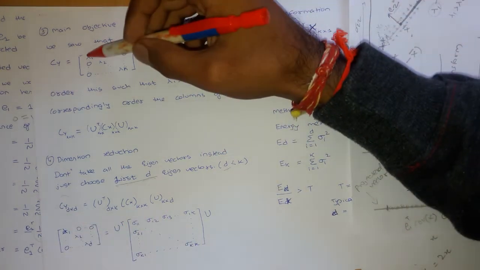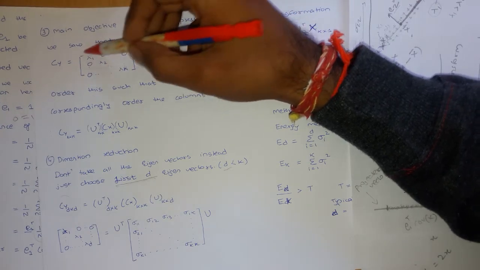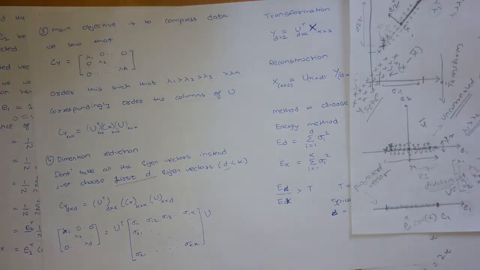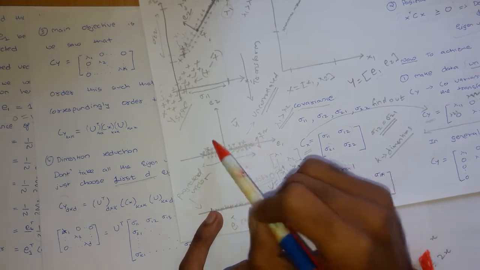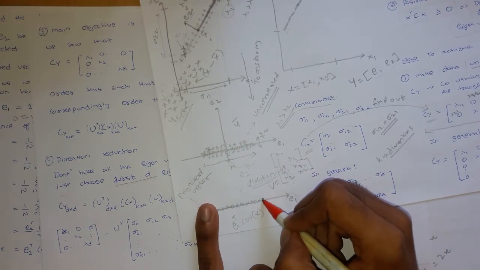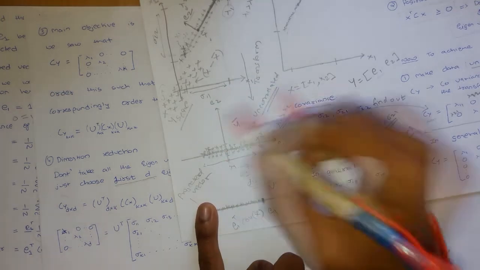So instead of taking all these eigenvalues, I have now taken just some d eigenvalues. Instead of taking both E1 and E2, I just took lambda 1 corresponding to E1. That's it. I have not taken E2.